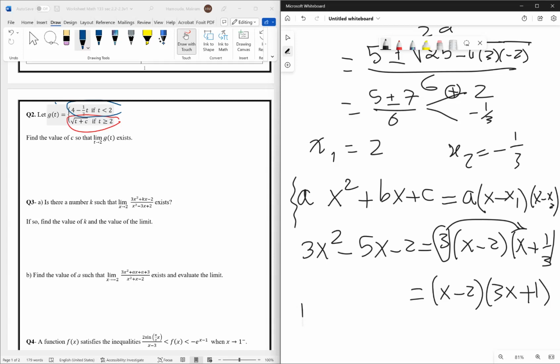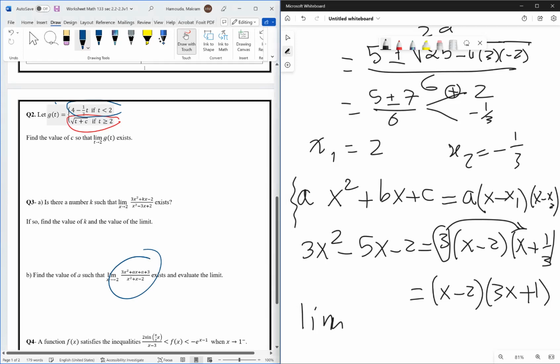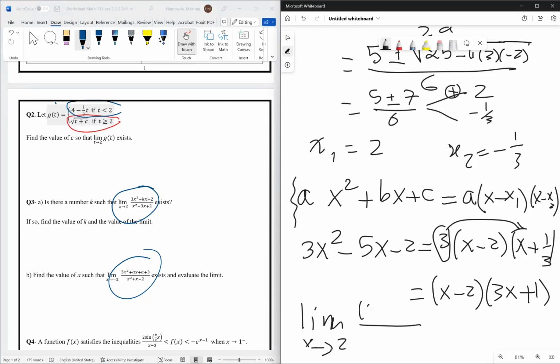Okay, now I have my factoring. I also have the factoring in the denominator here. Look at the expression: the limit as x approaches 2 of (3x plus 1) times (x minus 2), that's for the numerator, over the denominator.